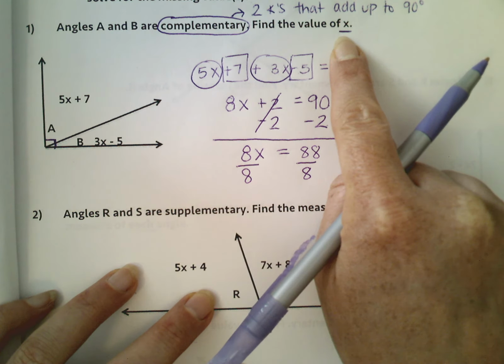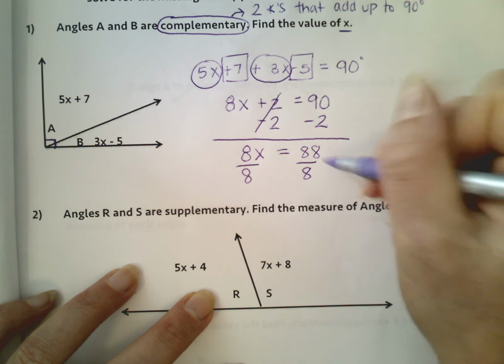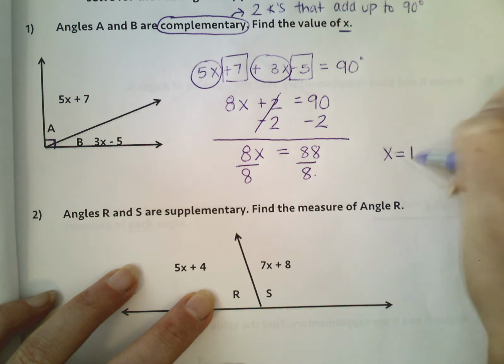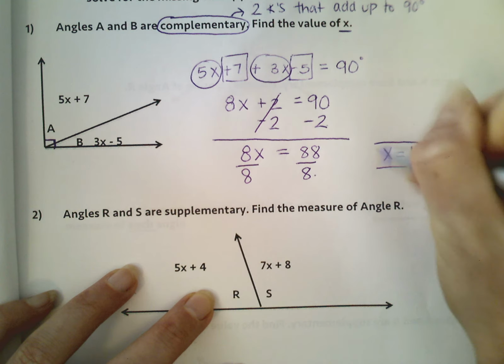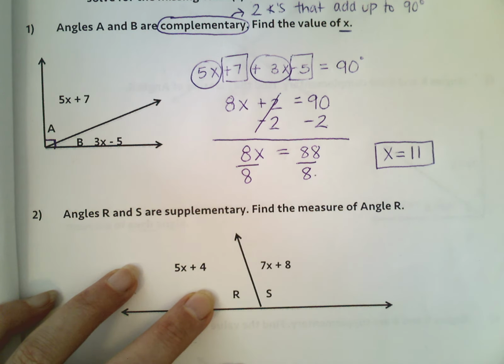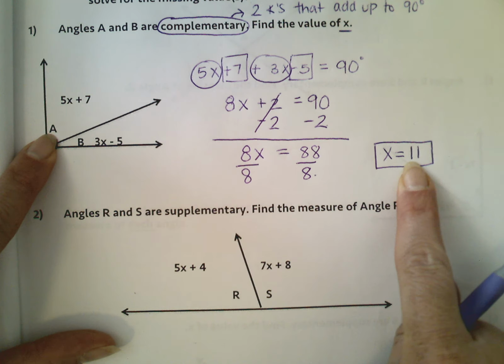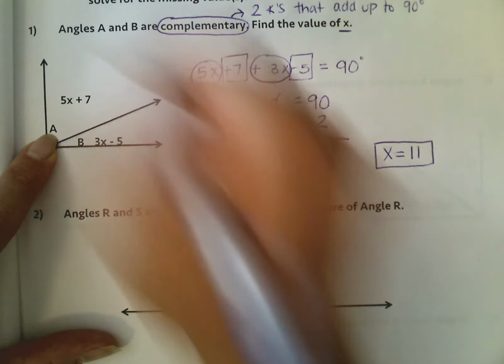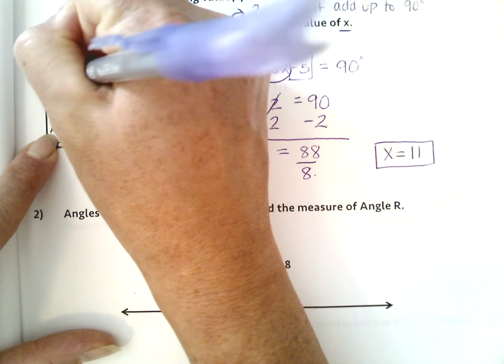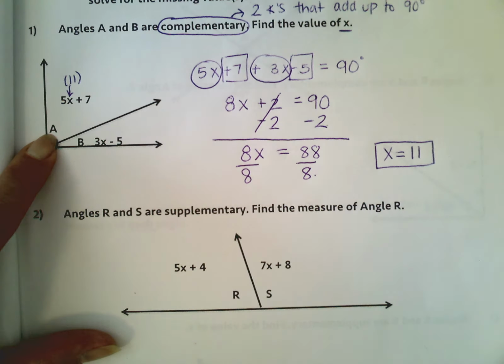We're being asked to find the value of x. That's 1x there. So 88 divided by 8 is 11. So my value of x is 11, and that's all the question asked me to do. If they asked you to find the value of, say, angle A, we would use our value of 11 for x and plug that in right there to solve.